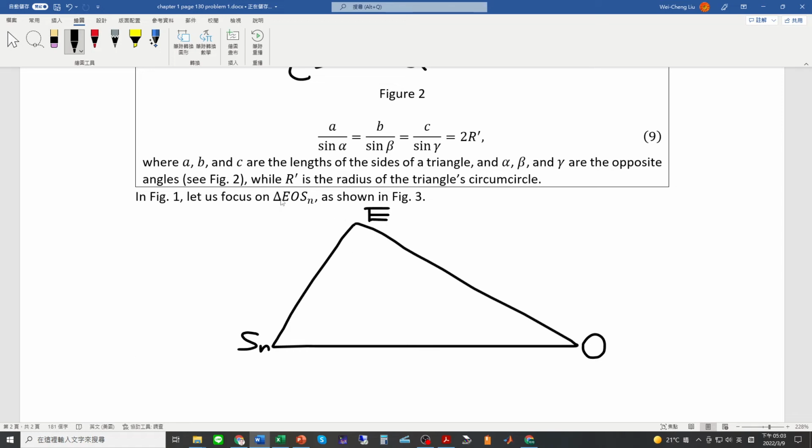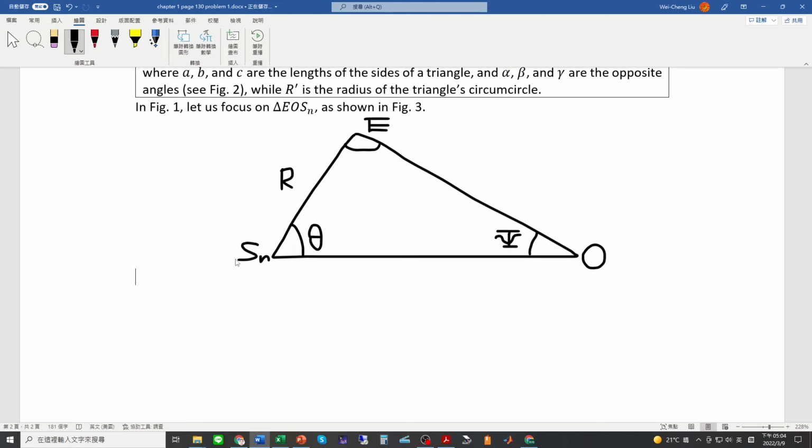In this triangle, the length of the segment ESN is equal to R. This angle is equal to theta, and this angle is equal to psi. And we call the length of the segment SNO x0.